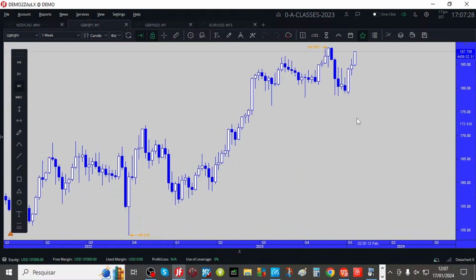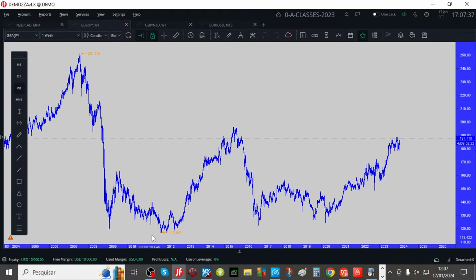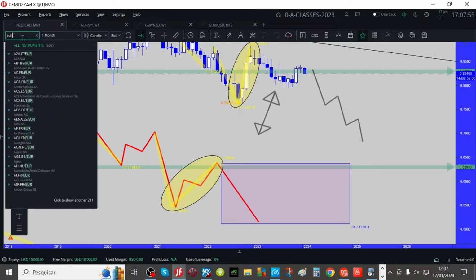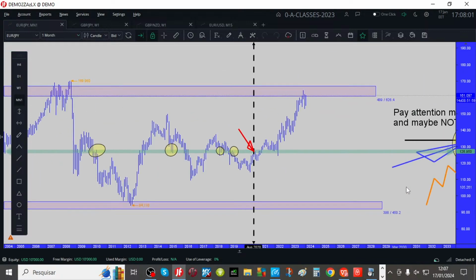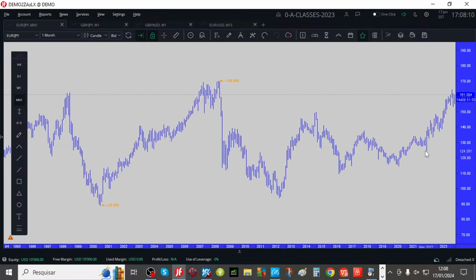GBP JPY weekly chart. That's the lowest low, very good. But USD JPY is in the monthly bands. I need to find a pair, maybe. Euro JPY, give me a second. Alright, Euro JPY. Found it, thank you very much.